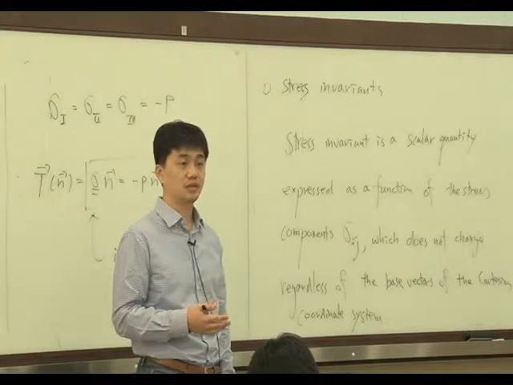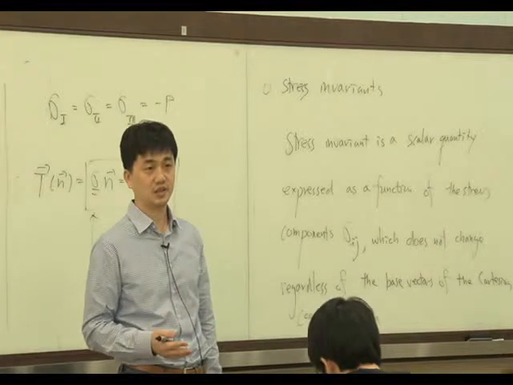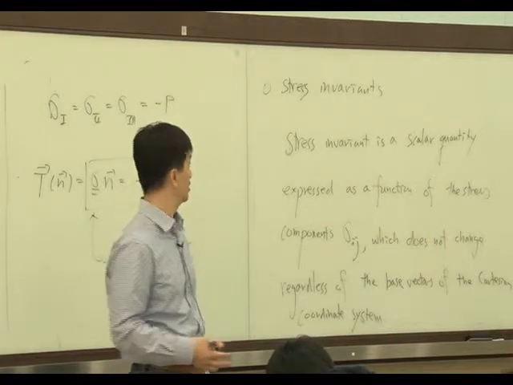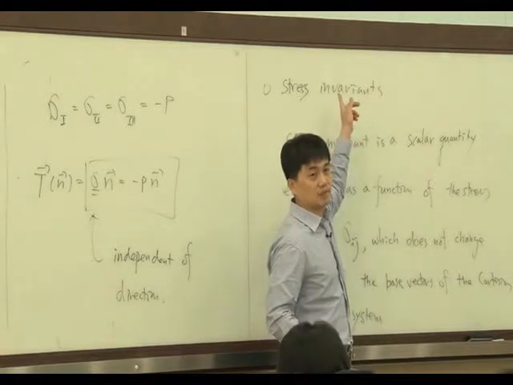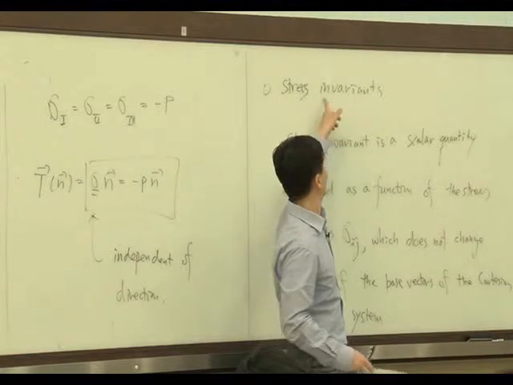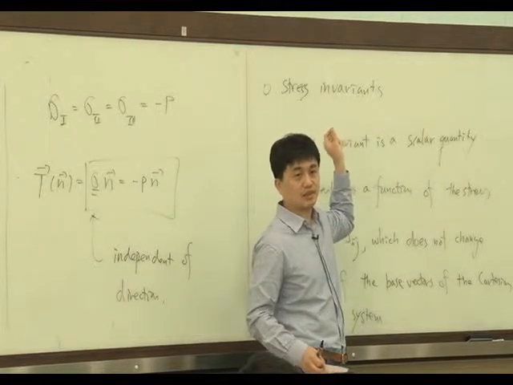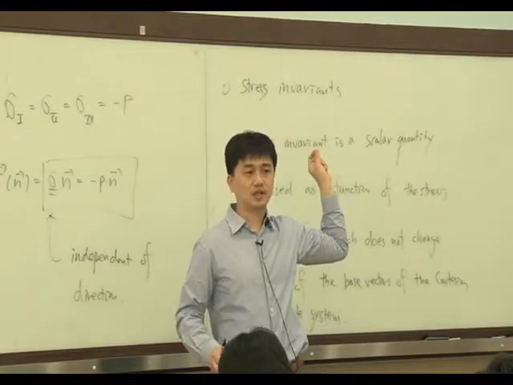Invariant means no change, something which doesn't change. Variant means changing, like various and varying. In means not. So not changing. So there are some values which do not change.